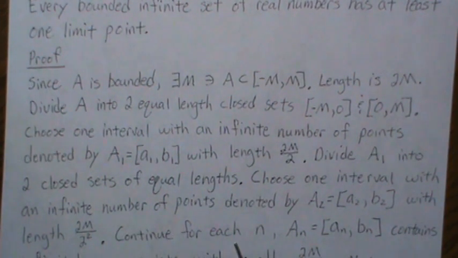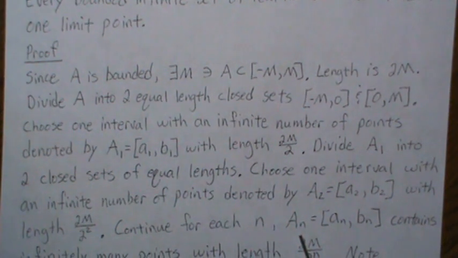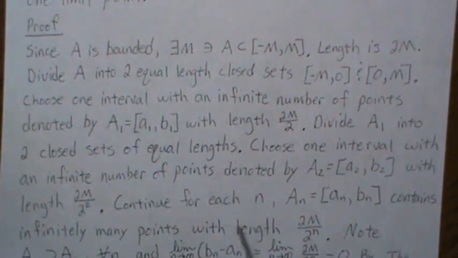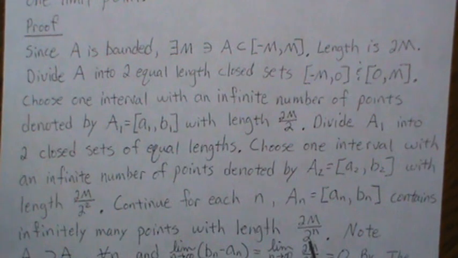Now we're going to continue this for each n. So we create intervals capital A_n, which are equal to a_n to b_n, and each one of those contains infinitely many points, and their length is 2M divided by 2 raised to the nth power.